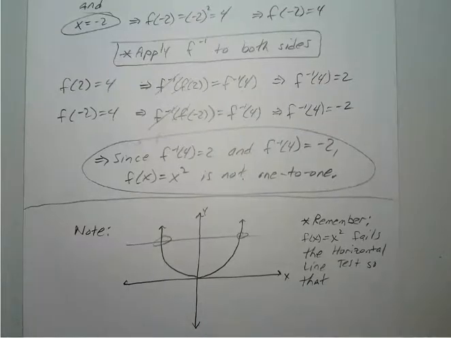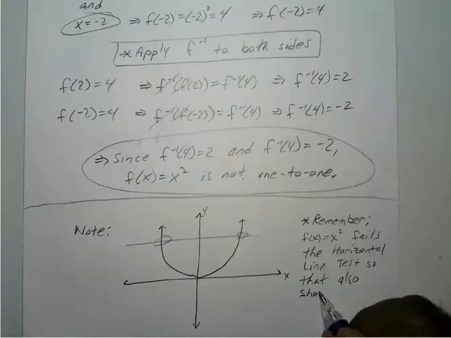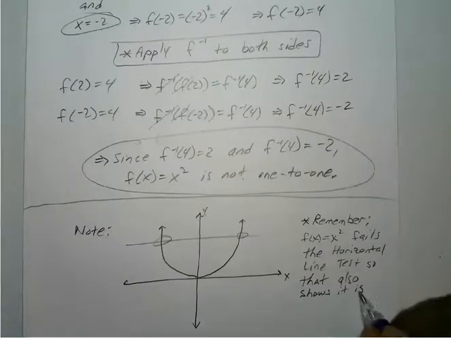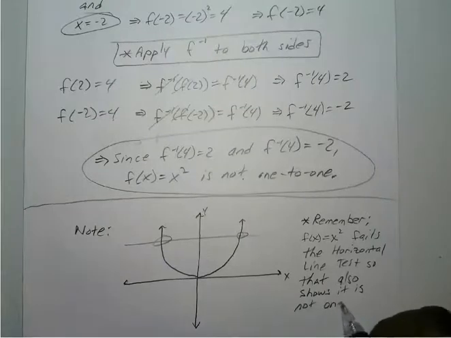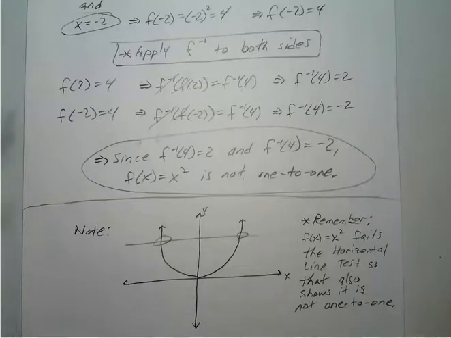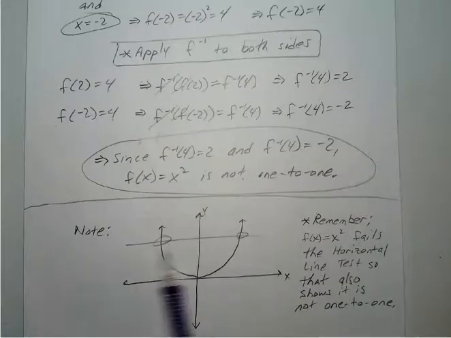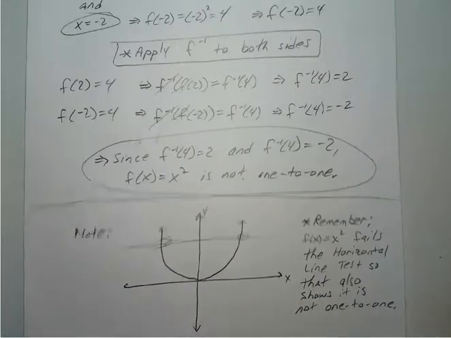That also showed it wasn't one-to-one. So both of these show the same thing. They're just two different methods of showing that f of x equals x squared is not a one-to-one function. It is a function because it passes the vertical line test. It's just not one-to-one because it fails the horizontal line test.